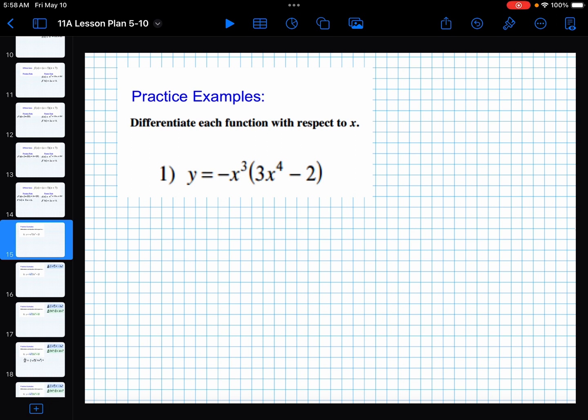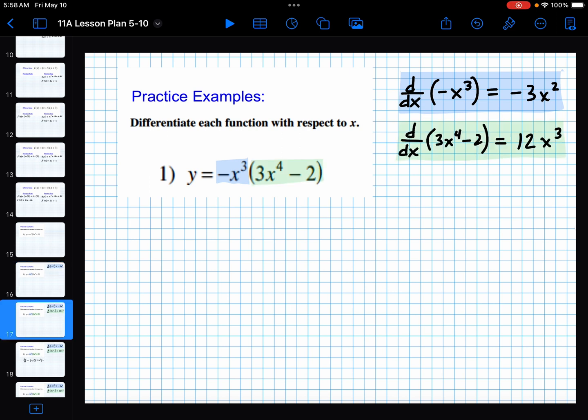Very often it helps you to differentiate or find the derivative of the individual factors first. Just keep them in the margins of your paper. The derivative of the first factor with respect to x, that's what that d over dx means, would be negative 3x squared. And the derivative of the second factor with respect to x would be 12x cubed.